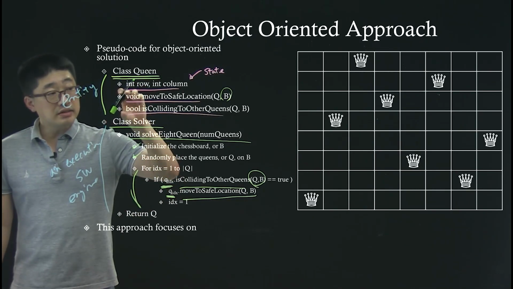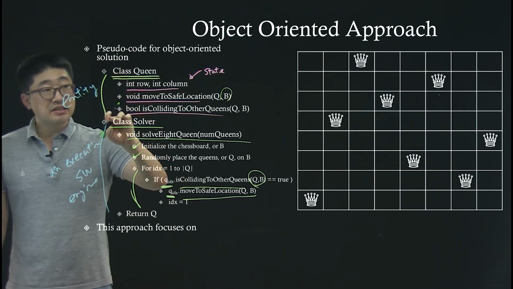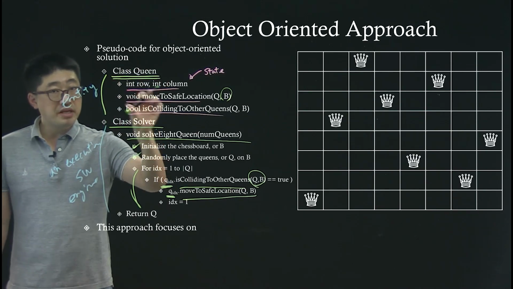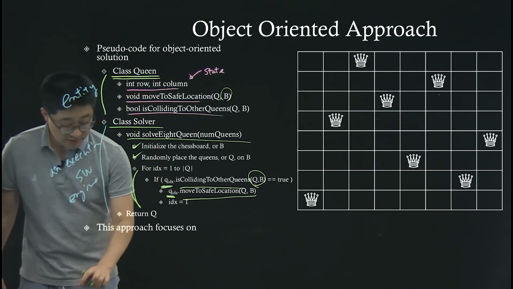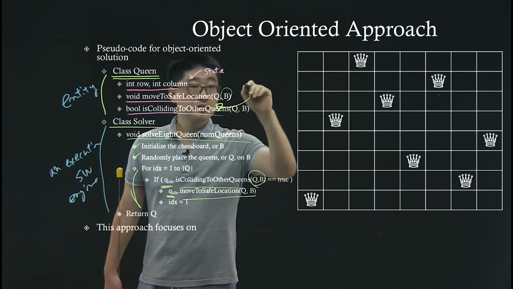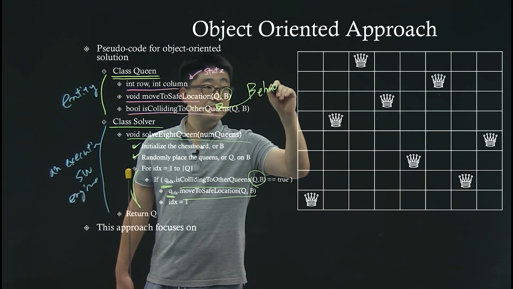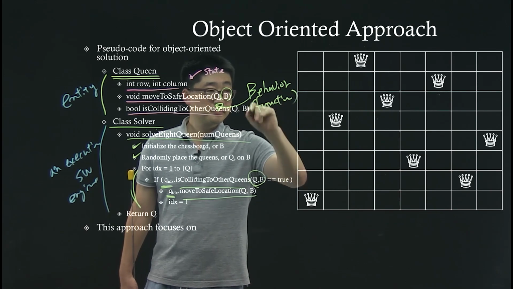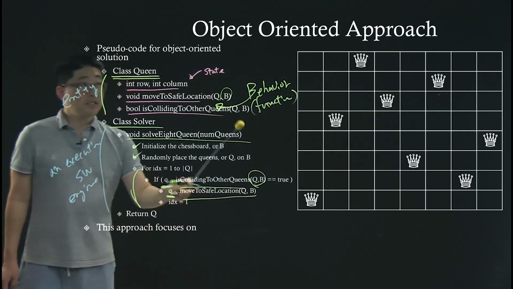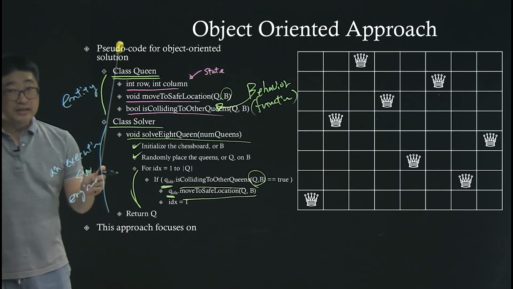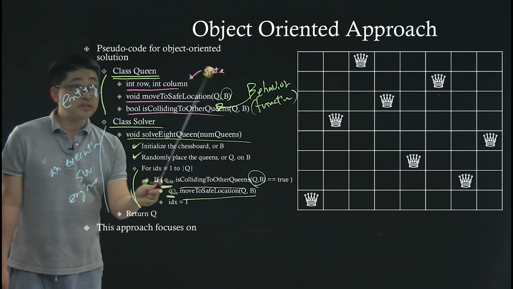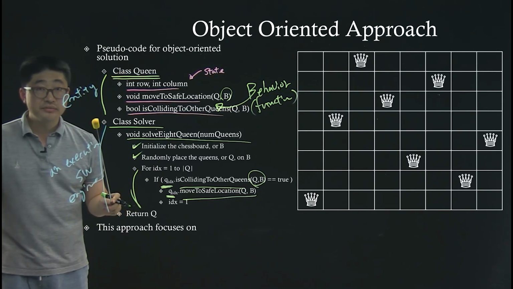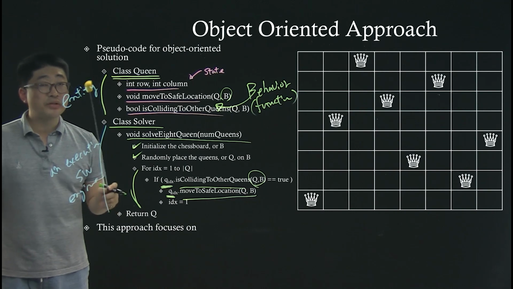So this is a complete description of the state and behavior mechanism, state and behavior or function. This will constitute a class, and also an entity model.